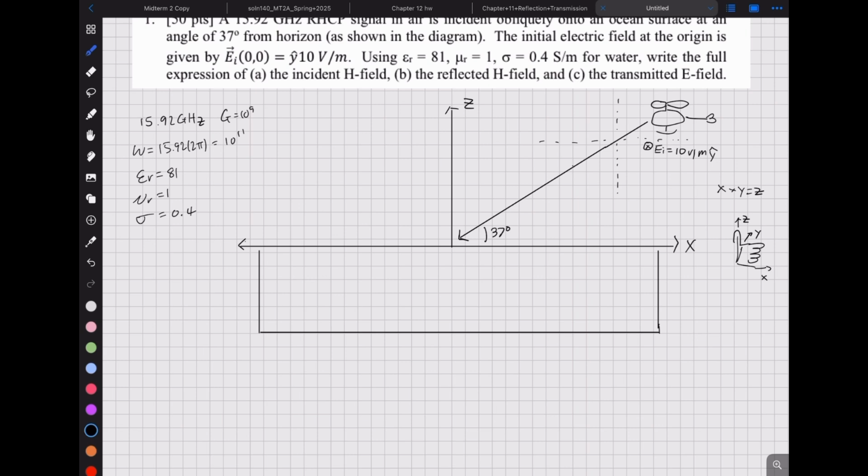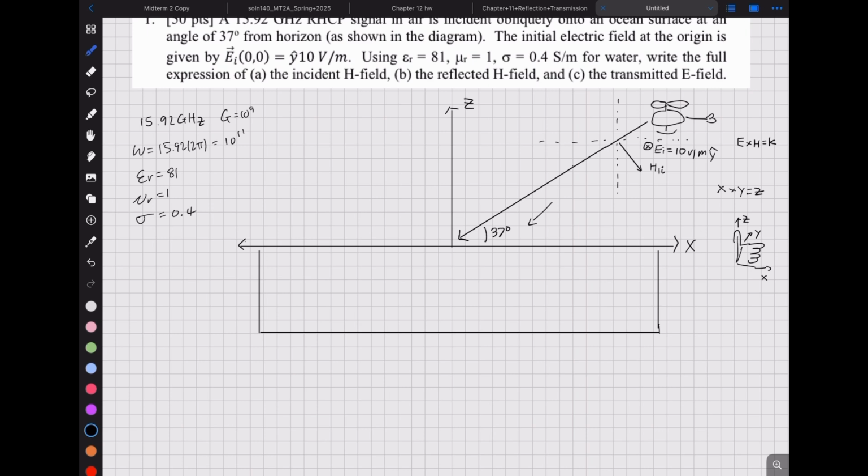Now if we know that k is pointing down this way, and we know that E cross H equals k, we find that H of I is going to be pointing down this way, using our right hand rules. So fingers into the page, k is pointing in the same direction, and our palm is pointing out this way. So this is going to be our H1 of I.